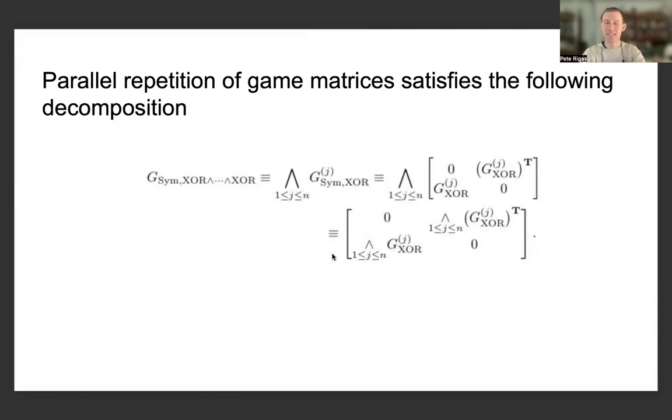This can identically be expressed in terms of still zeros along the diagonal, but the parallel repetition operation applied to each one of the blocks along the anti-diagonal of this higher dimensional game matrix that we've been constructing.